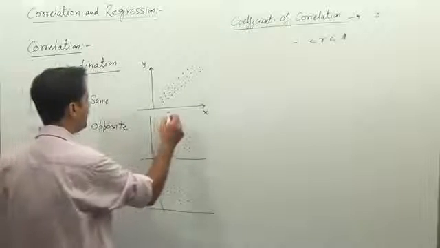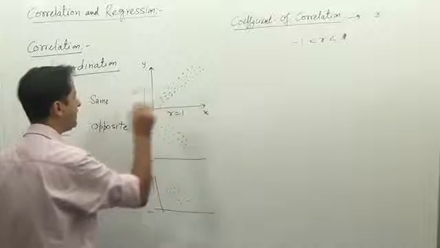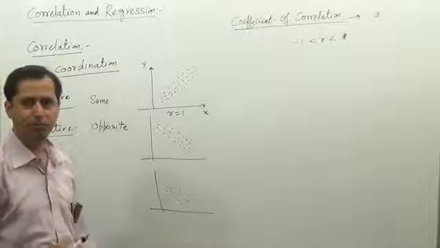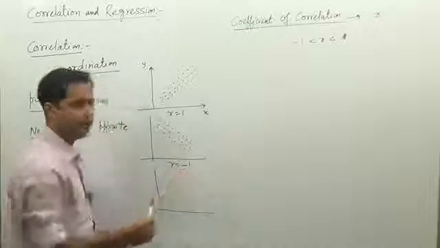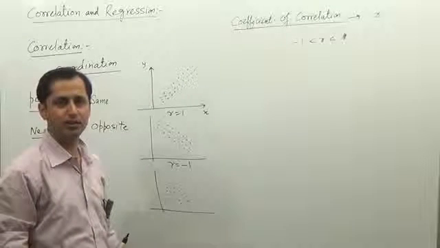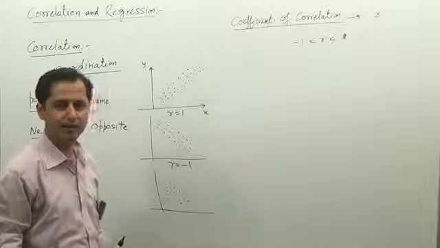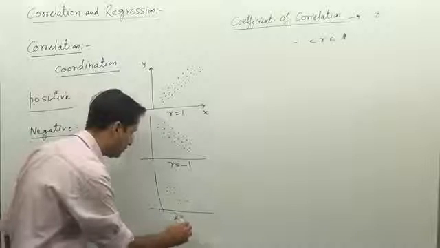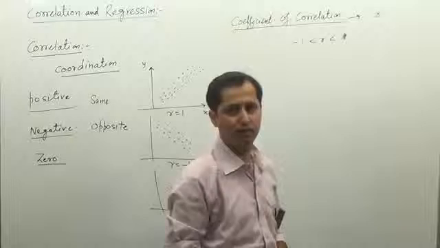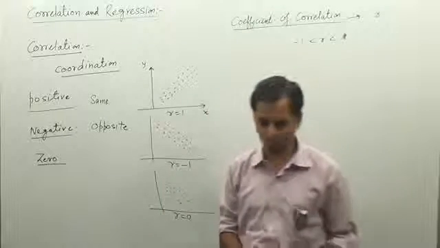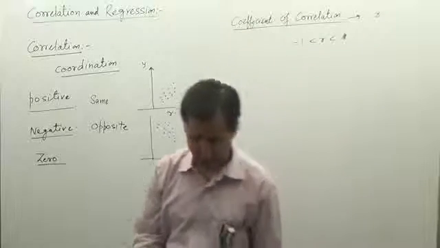So if r is equal to 1, then we can say the correlation is said to be positive, and if r is -1, then the correlation is said to be negative, and if r is equal to 0, then we can say there is no correlation between these. So here we are following some kind of trend.